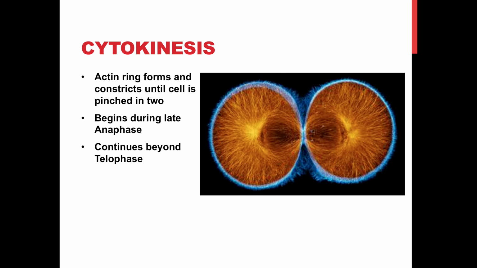So the cleavage furrow started forming in late anaphase, and it's not completely done pinching and dividing the cells until beyond telophase, until after mitosis is complete. And that's mitosis. There's also meiosis. We're not going to talk about that here. We'll talk about that in another section of the book.